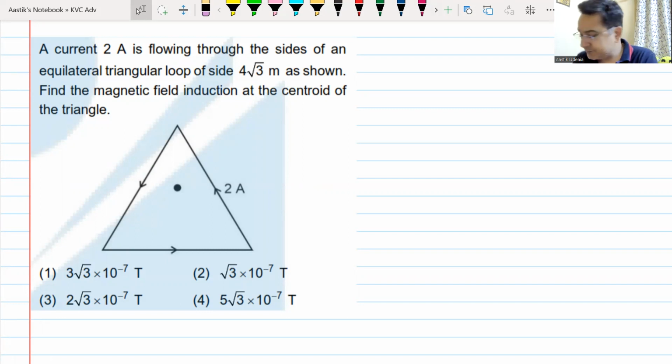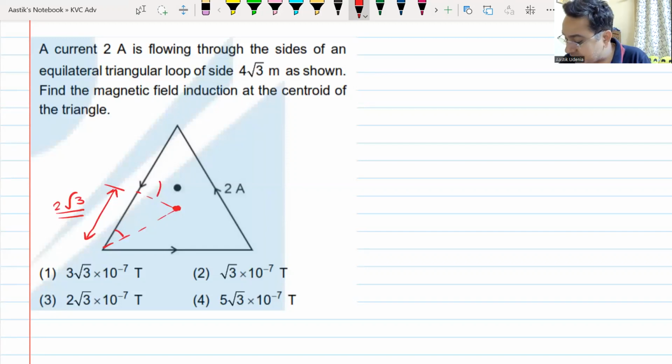If you have the centroid, the center, now you just have to remember the geometry. If this is the center, the centroid, this angle has to be 30 degrees, yes or no? Yes, sir. This would be the half of the length. If I drop a perpendicular, so this will be 2 root 3, yes or no?